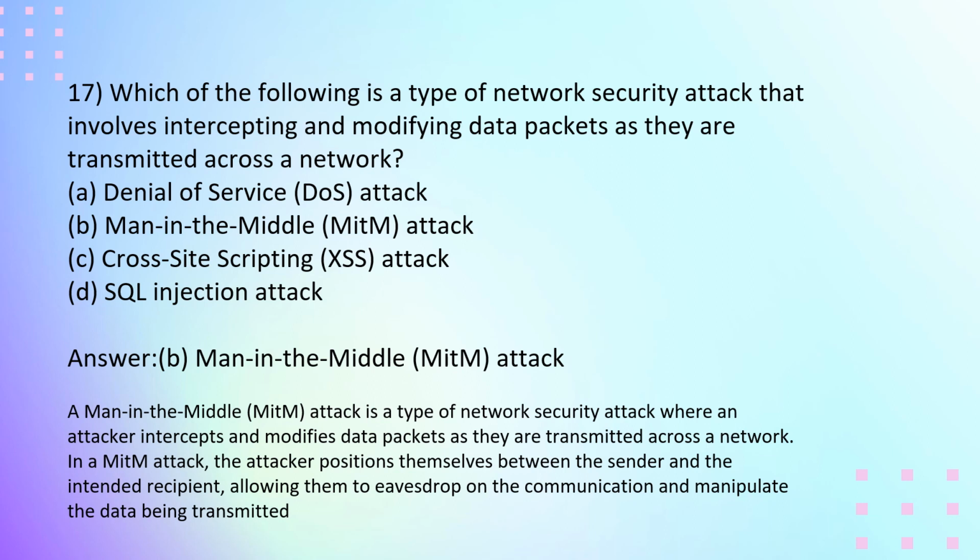In a man in the middle attack, the attacker positions themselves between the sender and the intended recipient, allowing them to eavesdrop on the communication and manipulate the data being transmitted.